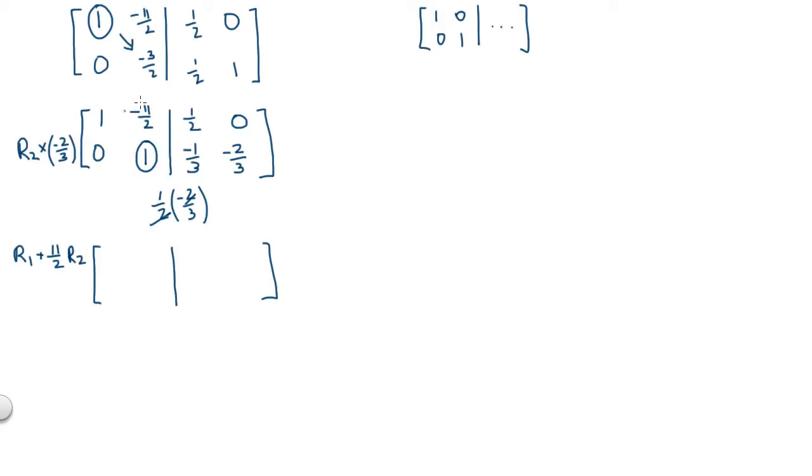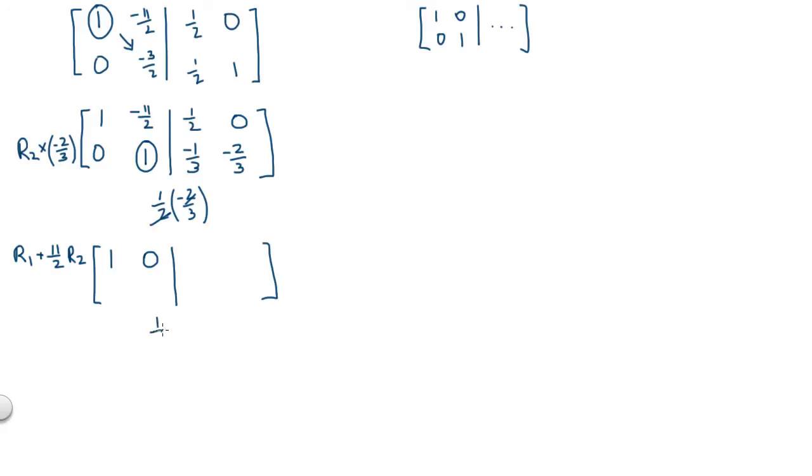So to get rid of a minus 11 halves, add on positive 11 halves of the row that contains the 1 in it. All right, so let's see if we can do that. Row 1 plus 11 halves row 2 is going to give us 1 and 0. And then we can do some calculations underneath.